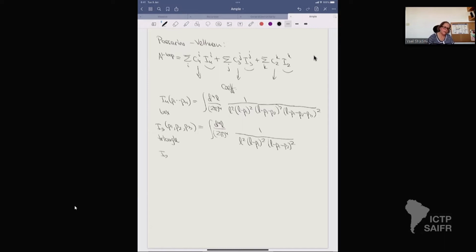And finally, we have the bubble, which is the same thing, 1 over L squared times L minus P1 squared. So the box guys are something of this form, where you have any number of momenta in principle coming into these vertices. These are the boxes. Then we have the triangles. And then we have the bubbles.